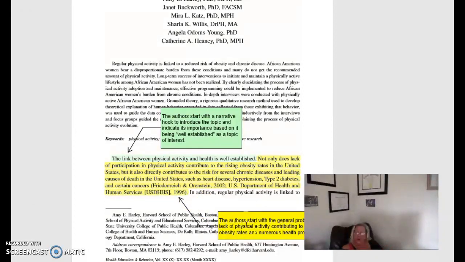All right, so the authors are starting with the general problem of lack of physical activity contributing to rising obesity rates and numerous health problems. All right, so you want to identify a problem, okay? If it's a matter of understanding or learning, then that is not really something we want to research, because that indicates that the information is already there.